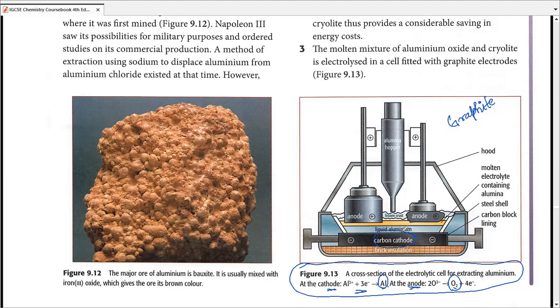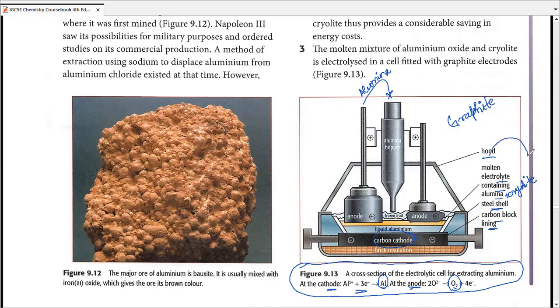On top of it, we collect our liquid aluminum, and then there are heavier anodes, and we have an alumina hopper, from which we add more and more alumina, because at one point we are going to consume all of the alumina, so we add more alumina to it. That's the hood, which is usually made of steel. Molten electrolyte consists of alumina plus cryolite, of course, and we have a steel shell outside, and a carbon block lining. This is the whole structure.